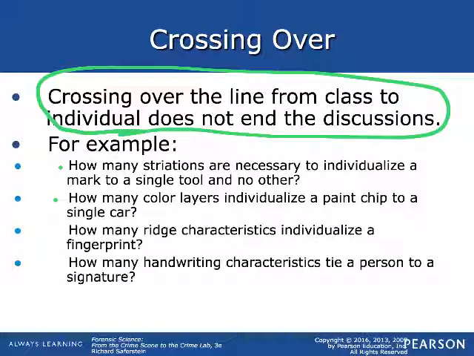How many color layers individualize a paint chip to a single car? How many ridge characteristics individualize a fingerprint? How many handwriting characteristics tie a person to a signature? These are the things that a defense lawyer is always looking at. Like, well, you're this close, but there's still reasonable doubt. These are things that can always be argued and discussed because there's no right or wrong. It depends on the whole scene.